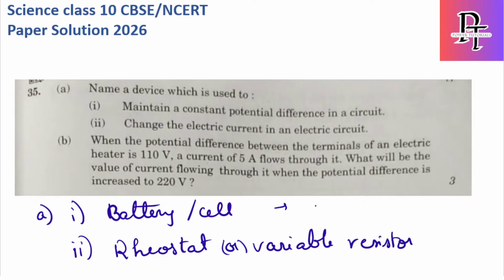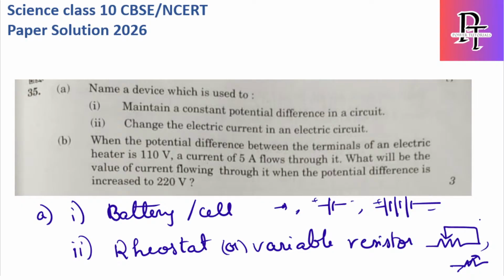For battery or cell, you can also use the symbol. It is something like this. So this is a single cell, and a series of cells you call a battery. Here this is positive, negative, and this is positive and this is negative. What about the rheostat symbol? It is a resistor with an arrow on top, and we also have a second diagram which is something like this.